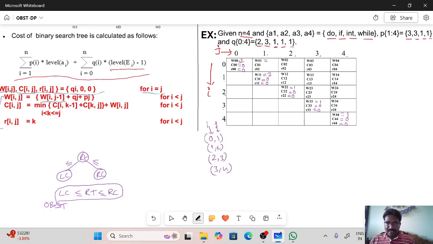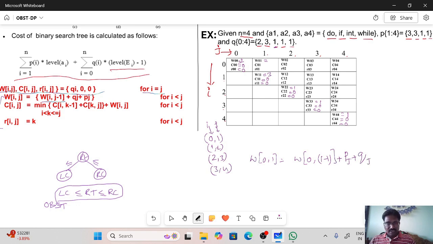I am going to write here W01 is nothing but W of the same row, but the column is minus 1, plus successful and unsuccessful with the same j.